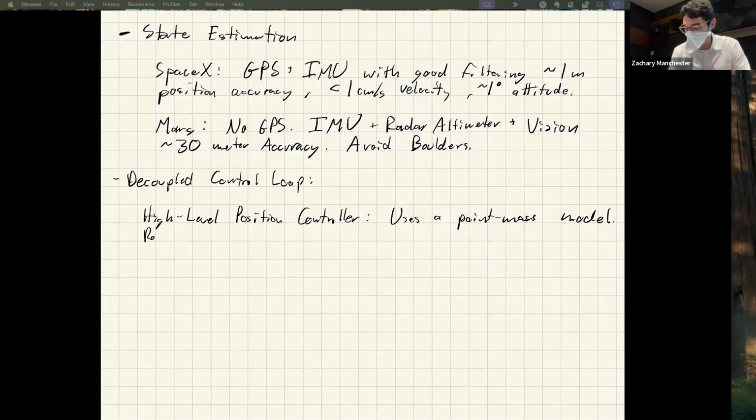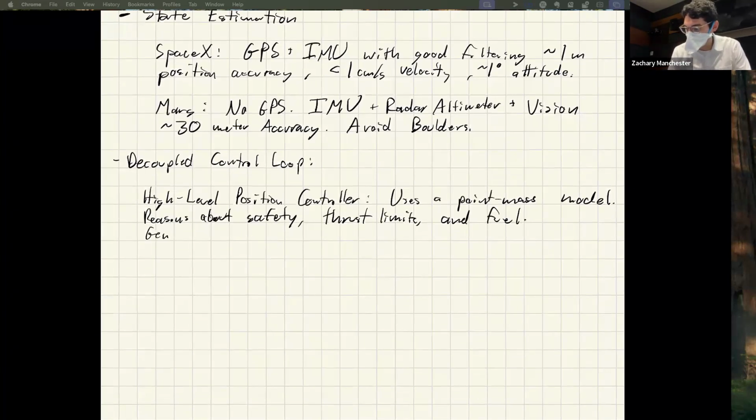It's reasoning about safety stuff, thrust limits, and fuel. And this thing is generating linear acceleration commands.